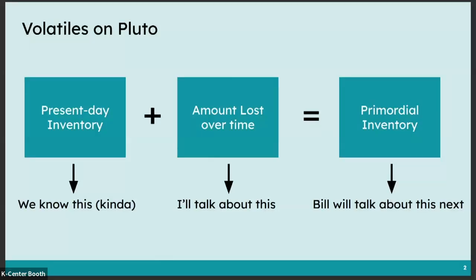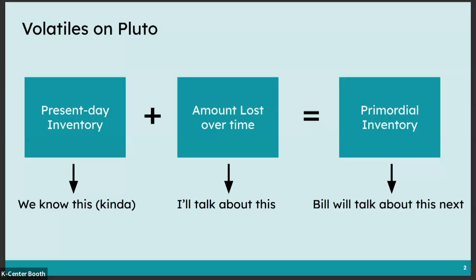So I have this little graphic just to organize what we'll be talking about. From the flyby, we know something about the present-day inventory, or amount, of various volatile ices on Pluto's surface and atmosphere. We know that to the level of the flyby, so we know what's happening on the encounter hemisphere and what was happening exactly at the time of the flyby.